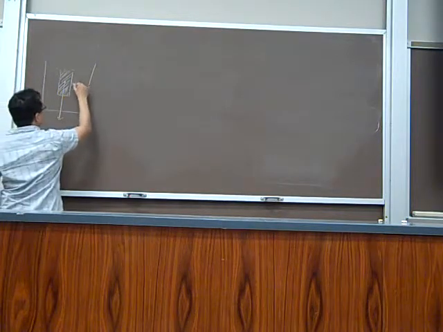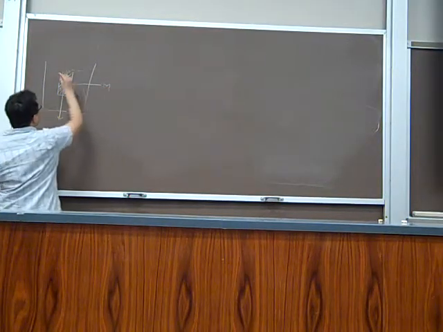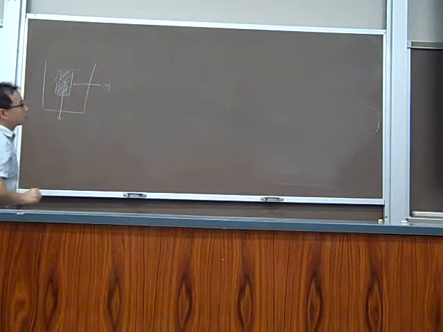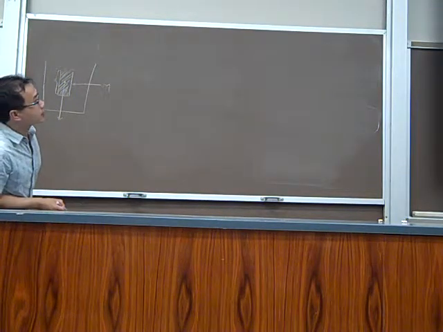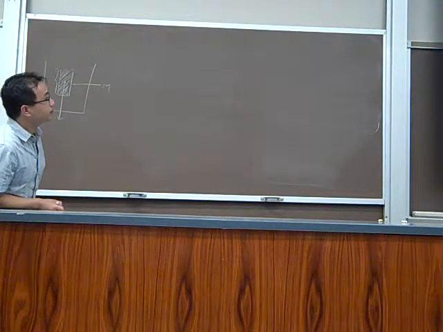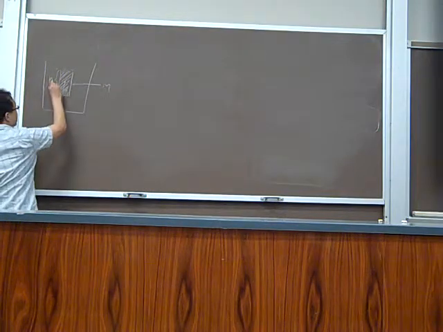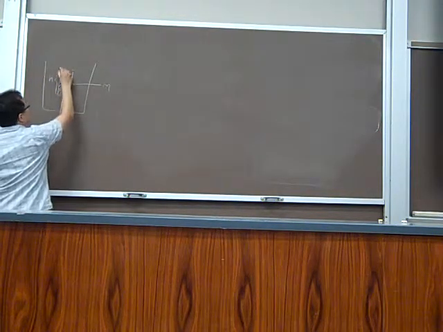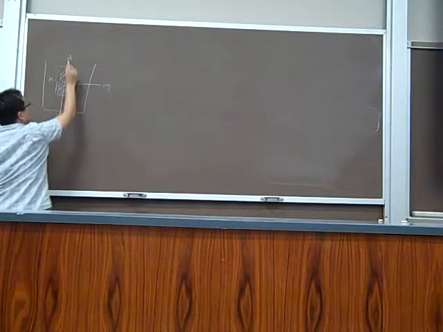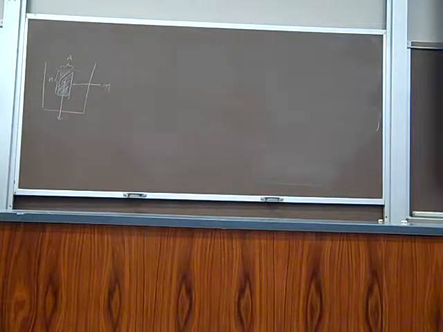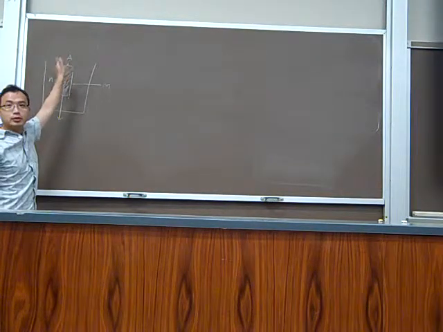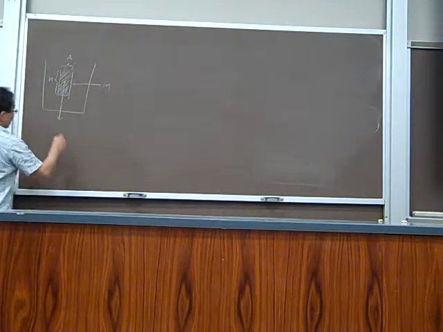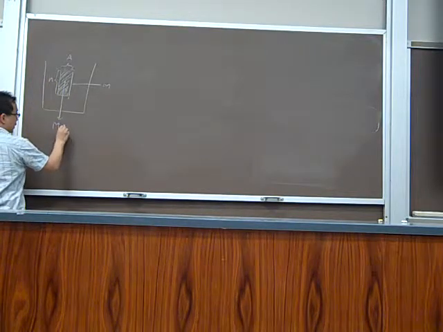The mass of this part is m, and the height here is h. And the cross-sectional area here, we call it A. So we can choose any arbitrary part. Here, h and A are arbitrary quantities. So it has a weight, mg.